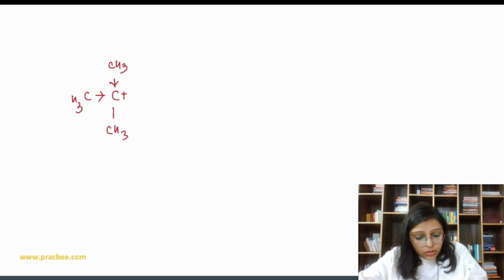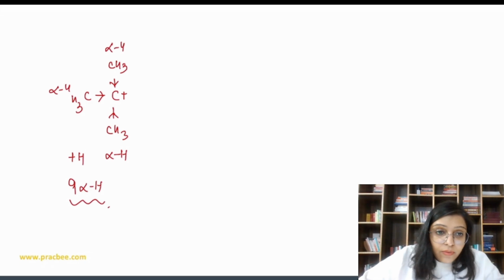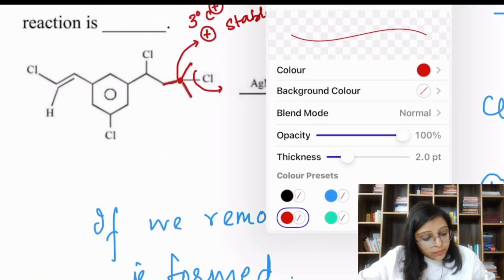Here we have plus H. Why plus H? This is alpha hydrogen, this is alpha hydrogen, so we have 9 alpha hydrogens. So we get more hyperconjugated structures, and the more hyperconjugated structures, the more the stability. Now let's see this one.